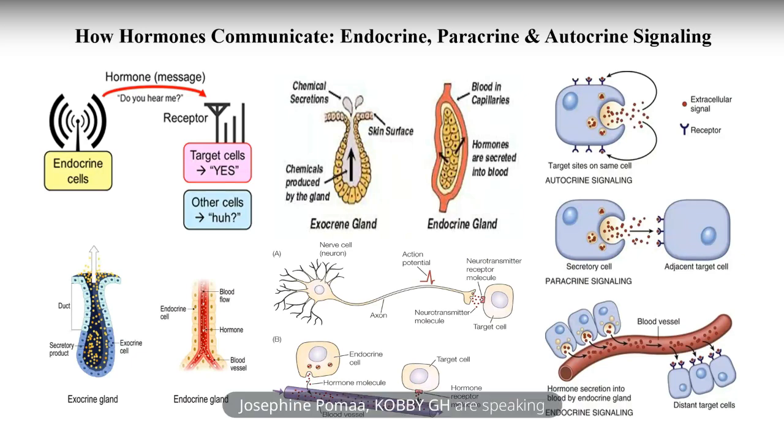But let me ask you this question. Let's discuss this. What if there is an endocrine cell, and the cell secretes a hormone? That same cell has receptors, but the hormone goes to the blood before it comes to that same cell. How will you call that? That is endocrine. Yes, that is also endocrine.